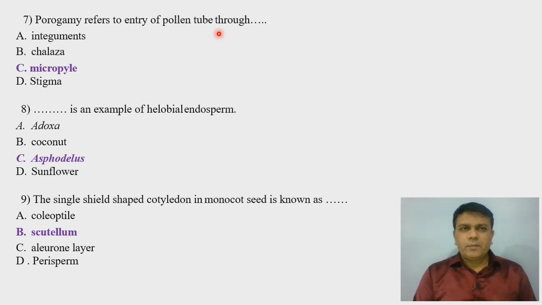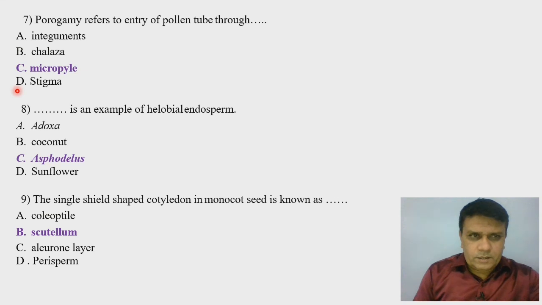Sometimes it may enter through the integuments, or it may enter through the chalaza, or when it enters through the micropyle, or the opening of the ovule, this phenomenon is called porogamy. So porogamy refers to the entry of pollen tube through the micropyle. Hence, micropyle is the correct option. And the D option is given stigma. So out of these four, the correct option is C, that is micropyle.